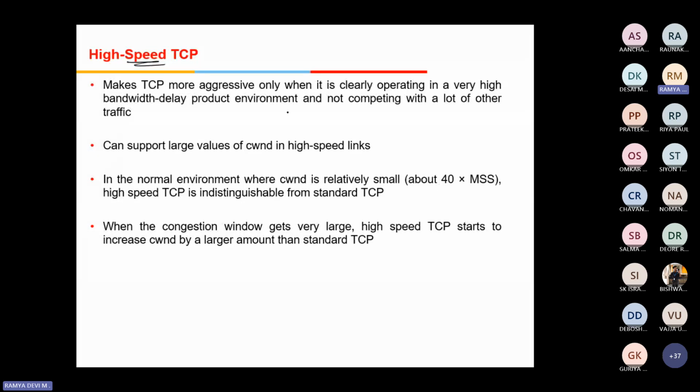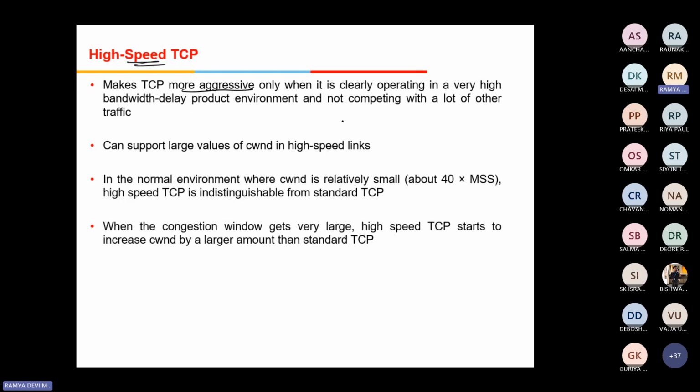It will be aggressive, that too under specific conditions. It becomes aggressive at certain points where it is not competing with a large amount of standard TCP. There is no other flow. A large number of flows is not there in the network. My router is free. So it ensures fairness is retained even when sharing the bandwidth with other conventional TCP flows.